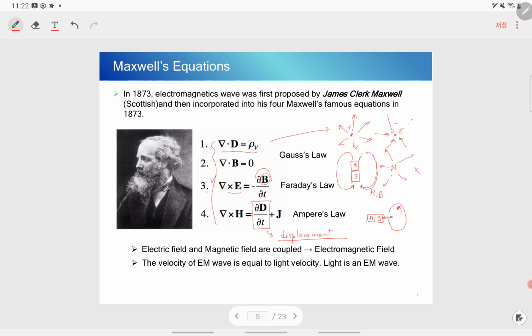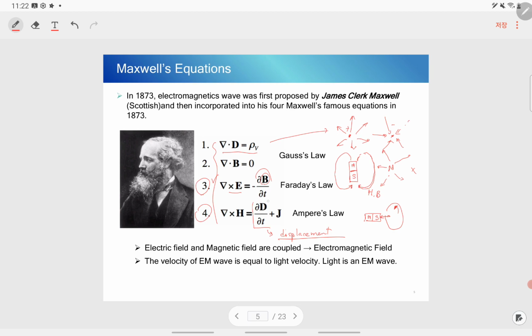Looking at the third and fourth equations, we need a similar term so that they can be symmetric. So he added this term, and then we can solve the wave equation and finally get the electromagnetic wave, the EM wave.